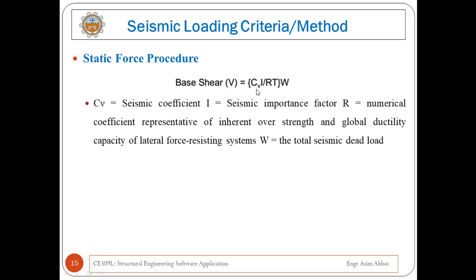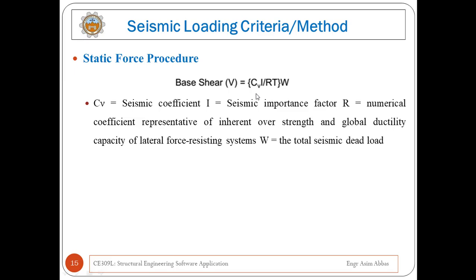First of all, I will discuss the static force procedure. In this method, the equivalent static force is determined by using this formula, and we also call this static force the base shear, where Cv is the seismic coefficient, I is the importance factor, then R factor, then time period, and W is the total seismic dead load of the building, right?